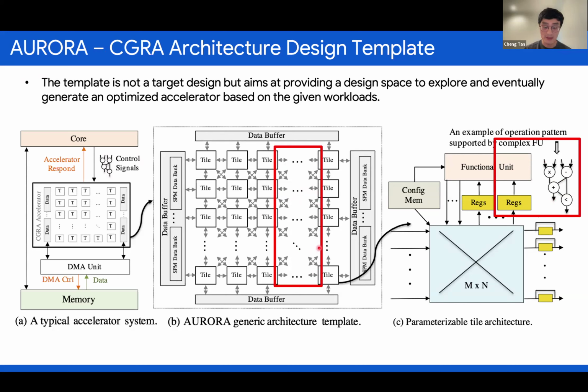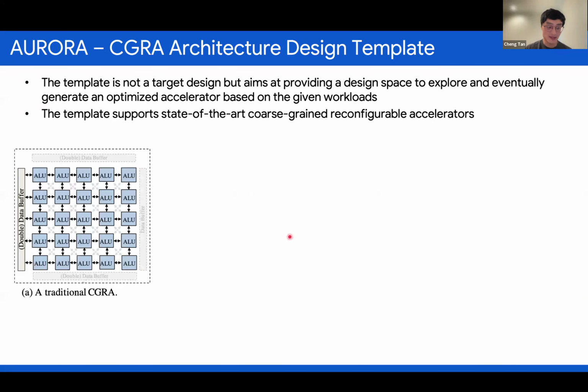It's a parameterizable RTL template, and you can manipulate the routing to form any topology. You can manipulate the functional units to form any functionality. Here we can see it can form a conventional CGRA by removing the diagonal connections, and each tile is an ALU performing basic functionality like addition, multiplication, shift, and so on.